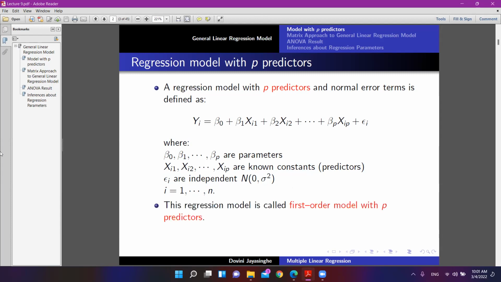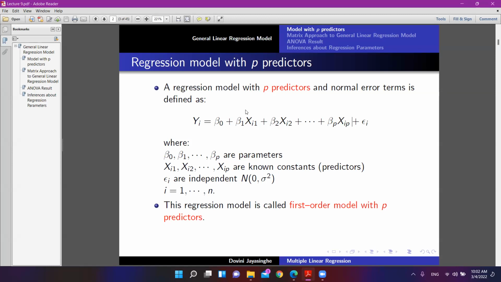The regression model is called the first order model with P predictors. Why? It doesn't have any interaction terms: X1, X2, XP, but we don't have X1 X2 products. There could be a more complex regression model as well. It can have square terms, cubic terms.